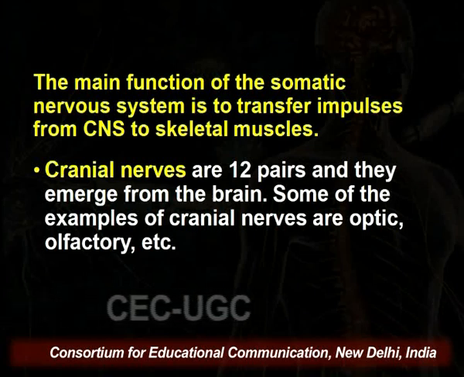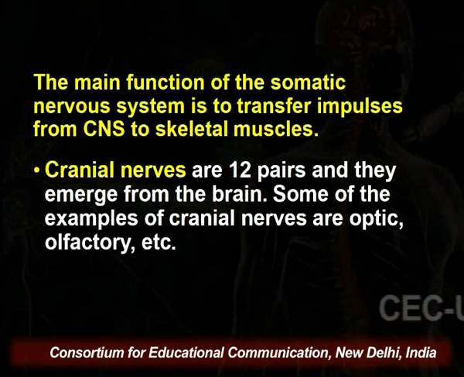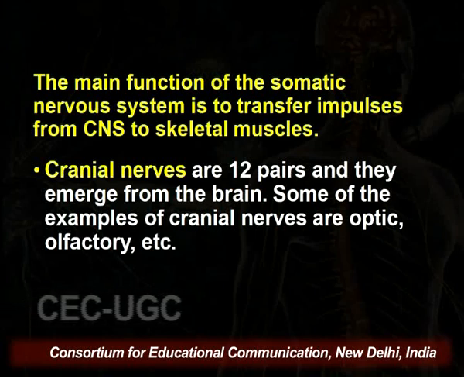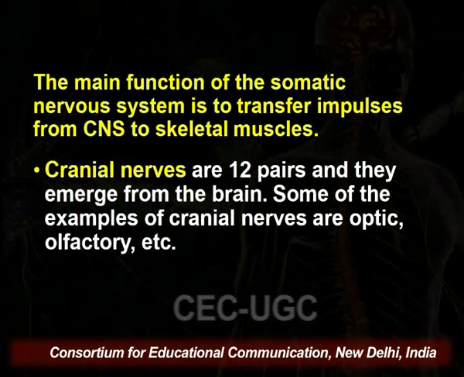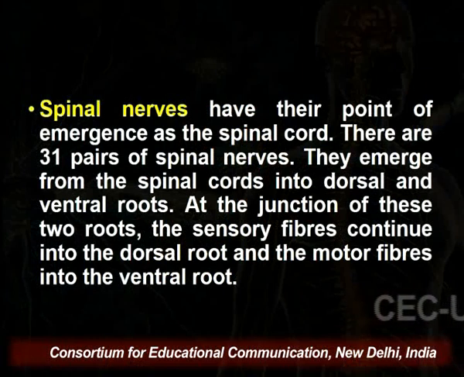The nerves involved: the cranial nerves are 12 pairs and they emerge from the brain. Some examples of cranial nerves are optic and olfactory. Optic means the eyesight one, the olfactory one, the smell one. Then spinal nerves have their point of emergence as the spinal cord.